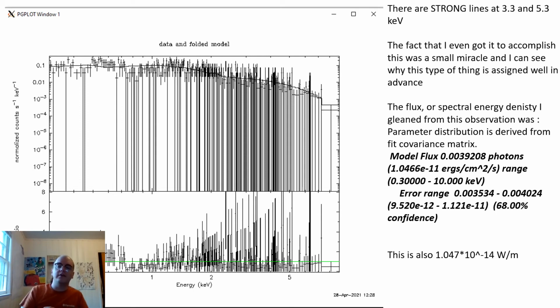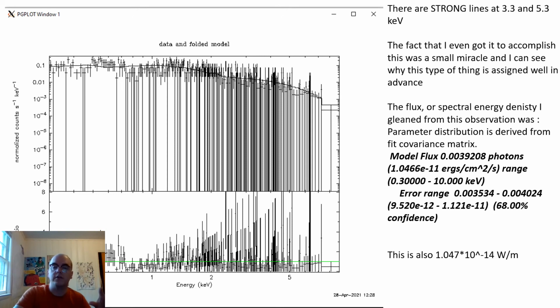I was really interested in looking through the 3.3 and 5.3 or 5.5 kiloelectron volt emission lines that I was seeing based off of the ratio to data down here. And what I found was something rather interesting based off of recent news.